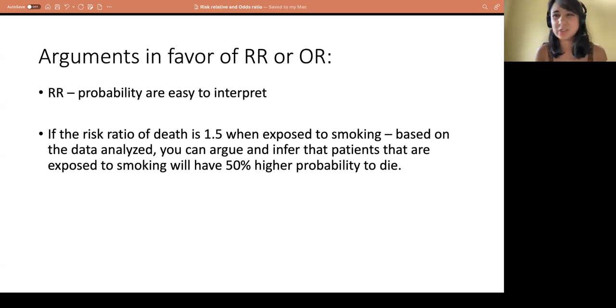With an odds ratio of 1.5, you should not interpret it the same. You can say that it will increase the odds of dying 1.5 times, but it's a very abstract parameter, especially if you are communicating this finding to the general public or policymakers.